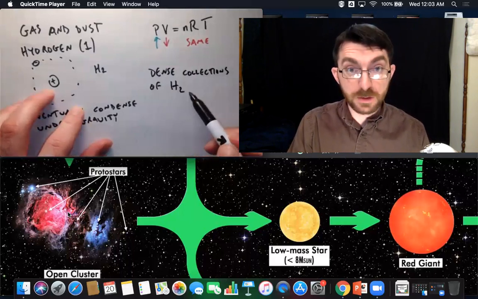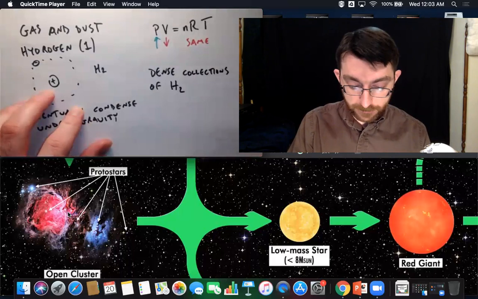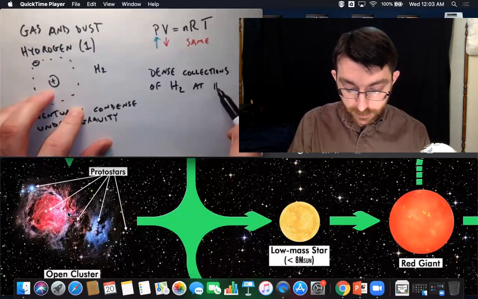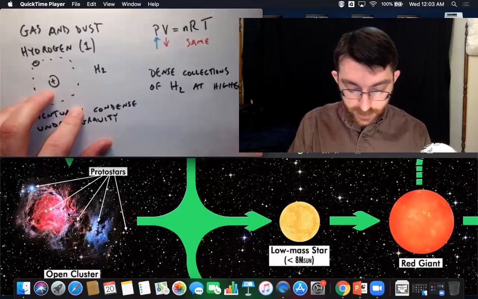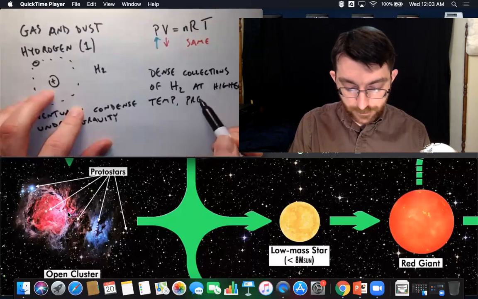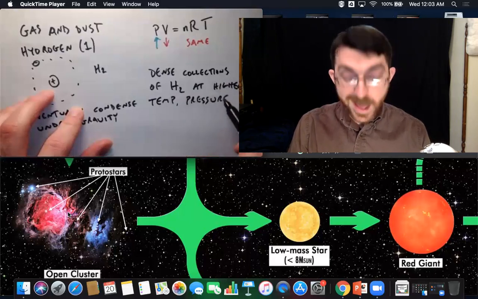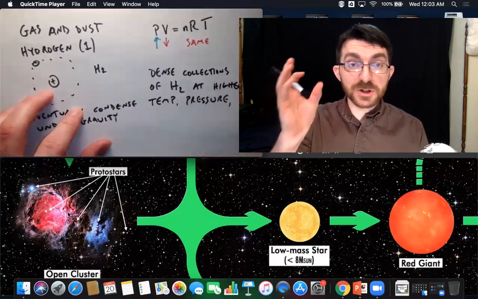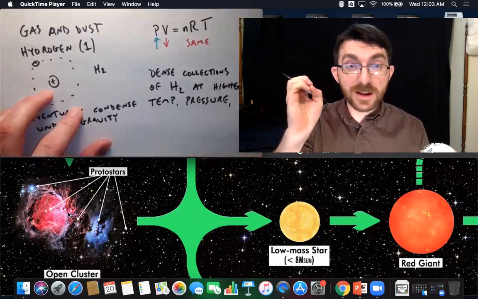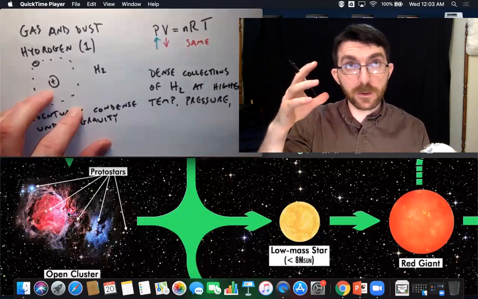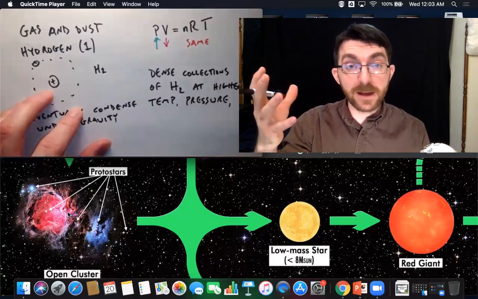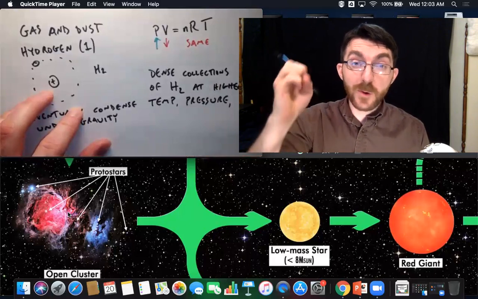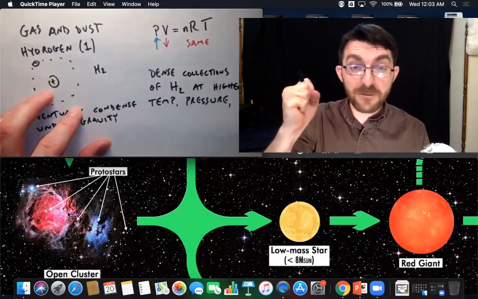I'm writing H2 as an abbreviation for hydrogen, that are at increasingly higher temperature, higher pressure, and because the mass of so much hydrogen is in one place and gravity is a property or is related to mass, the more mass you have in one place, the more gravitational attraction you have in that one place.